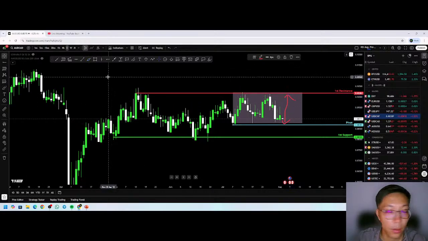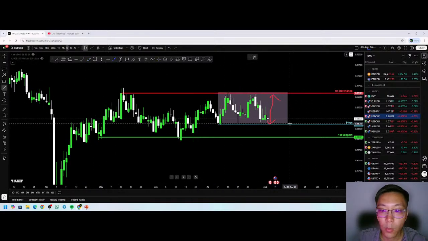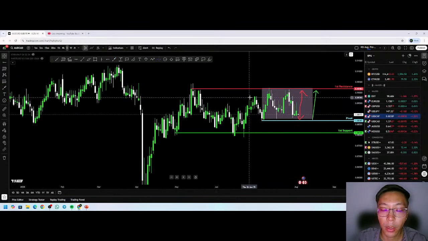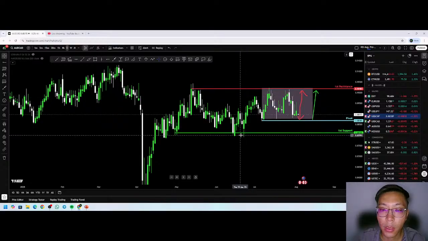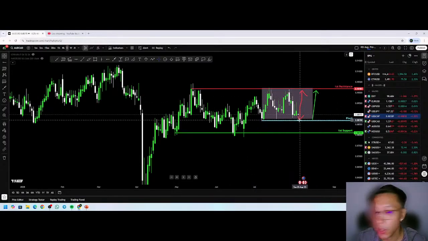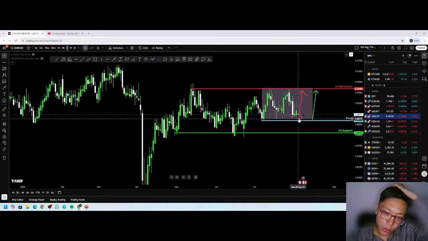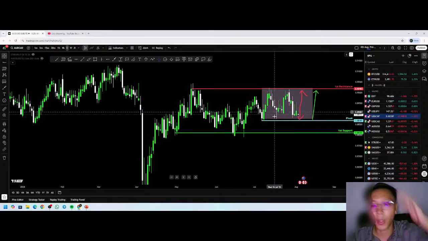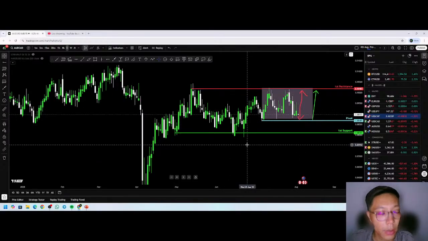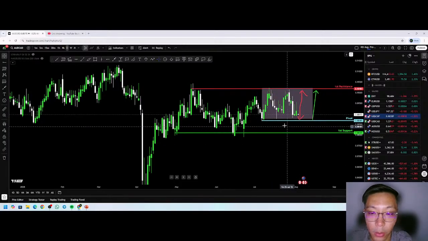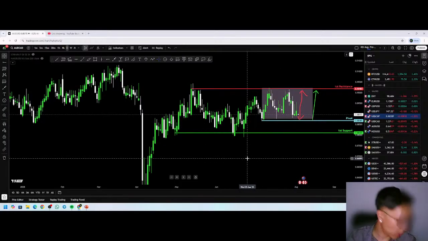So I would say bullish. Definitely no fib levels to work with, but I know that there is a possibility for it to trade within this range. Okay, so this is for AUDCAD.